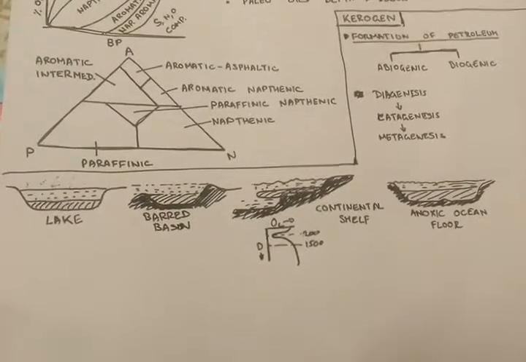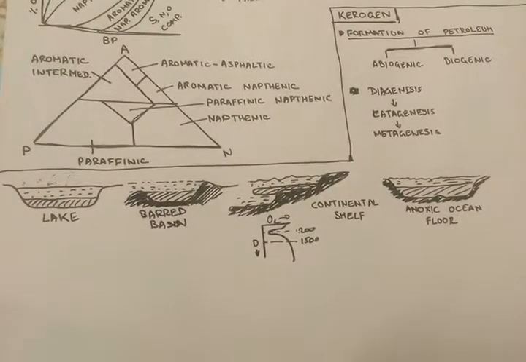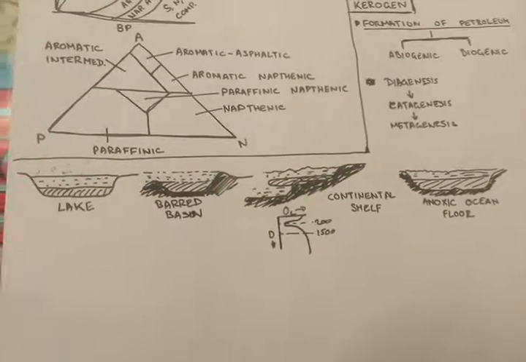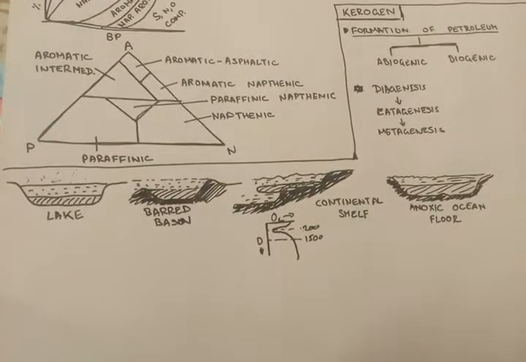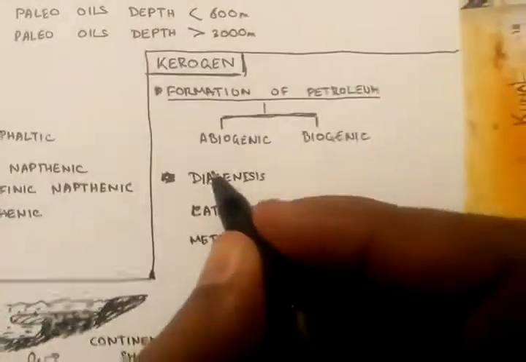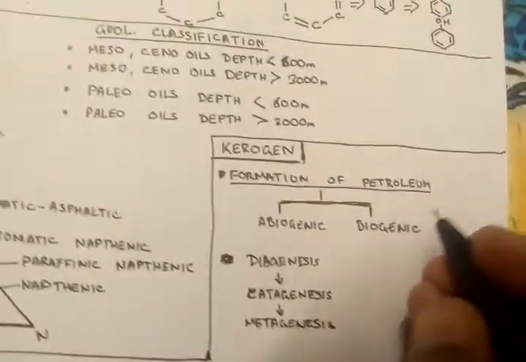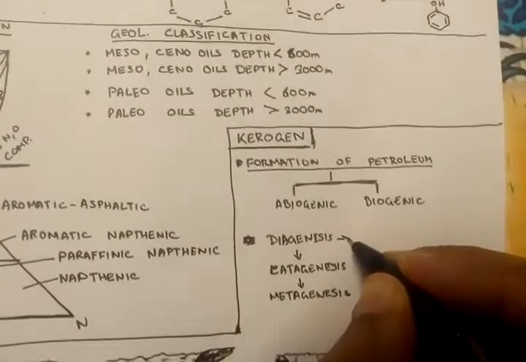Now after that we talk about the formation of kerogen. Once the organic matter is getting preserved, we move to the process, diagenesis. So what happens during diagenesis?